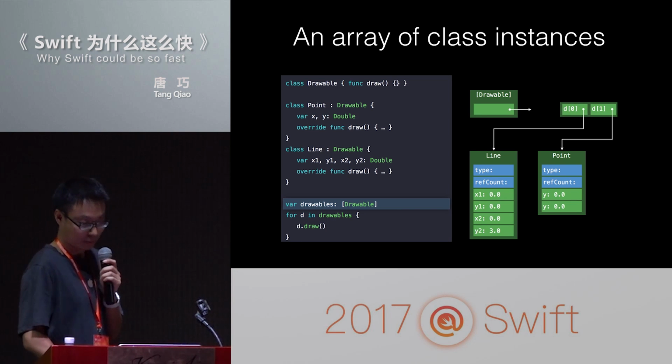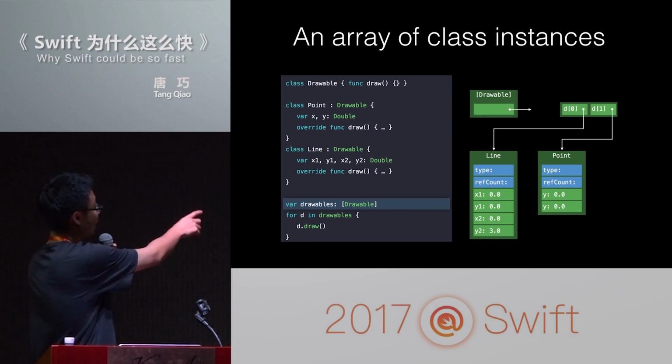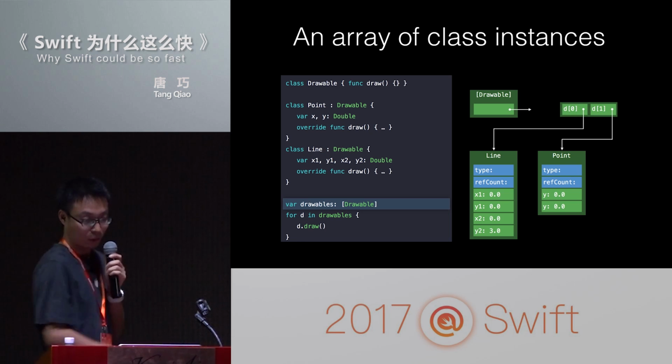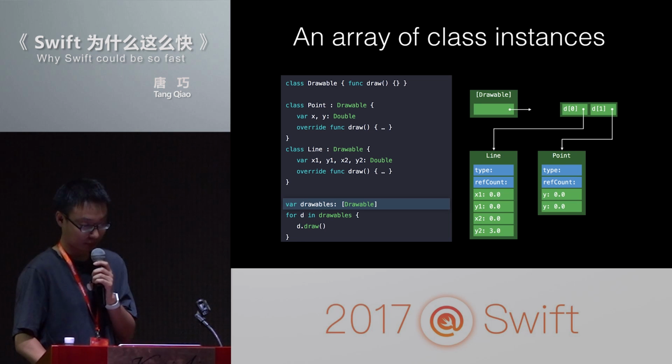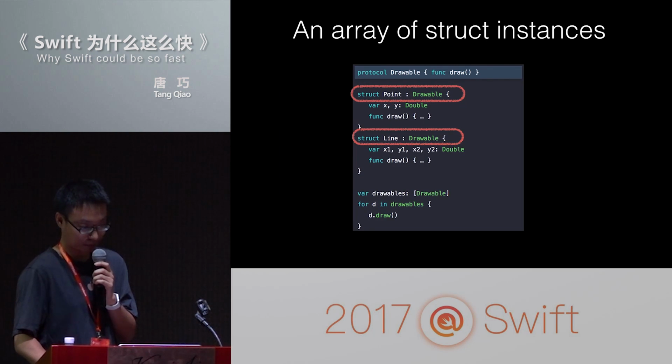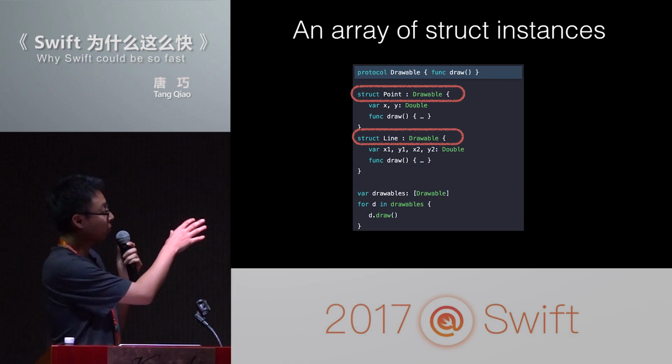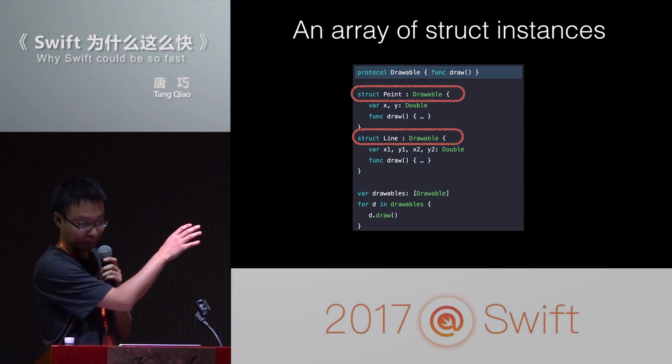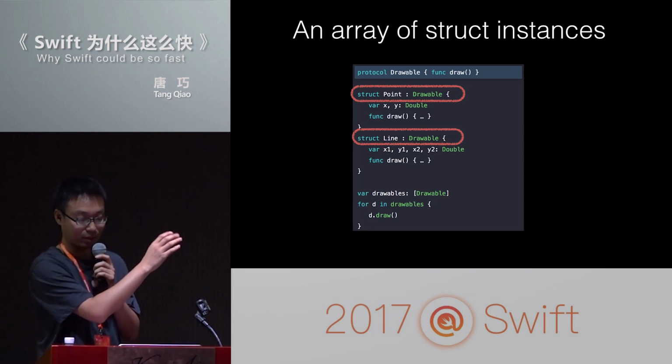If we change the type of point and line from class to struct, what will happen? If we directly put them into the array, then each element size will be different.